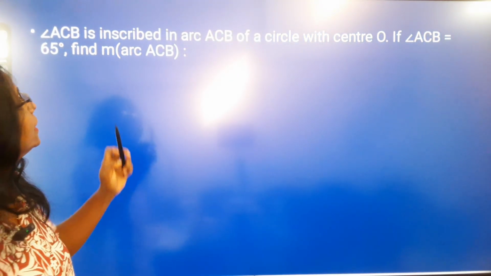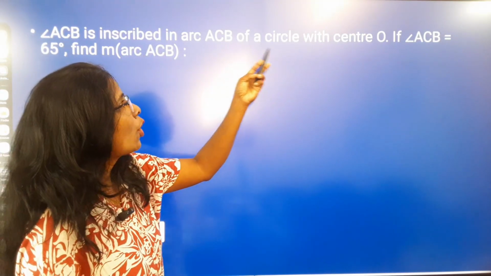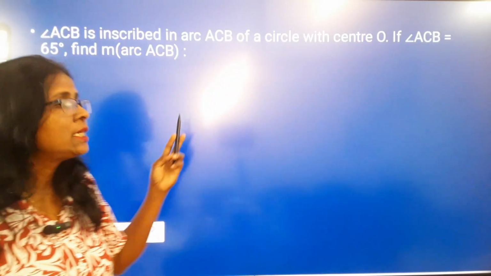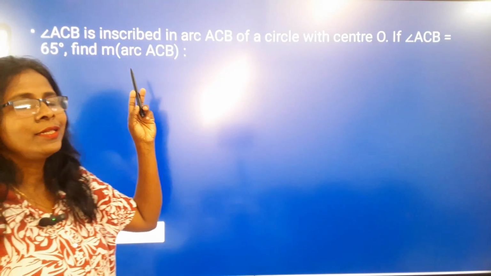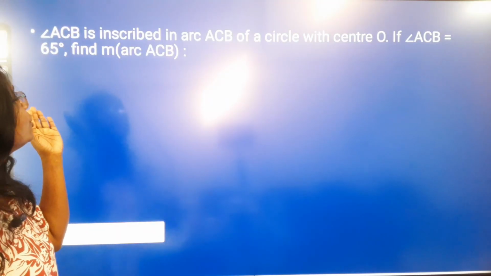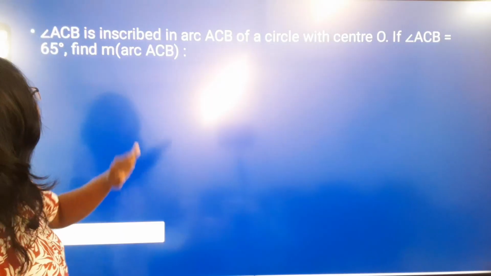See here that angle ACB is inscribed in arc ACB of a circle with center O. If angle ACB is equal to 65 degree, find major arc ACB. Okay students. So now here first we draw the figure by the given information.